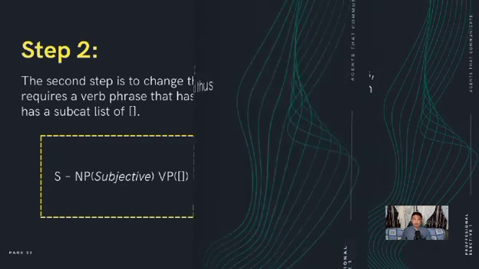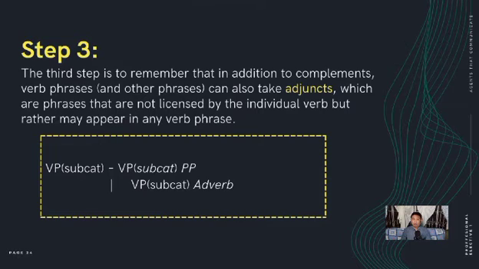The last step is to remember that in addition to complements, verb phrases and other phrases can also take adjuncts. Adjuncts means phrases that are not licensed or registered by the individual verb but rather may appear in any verb phrase.